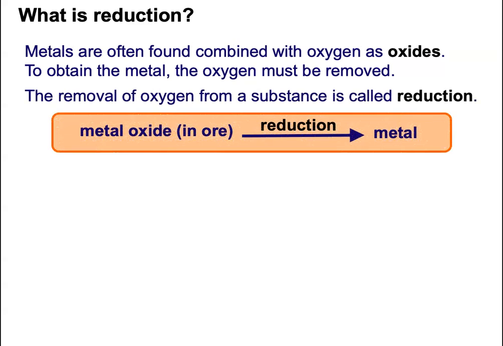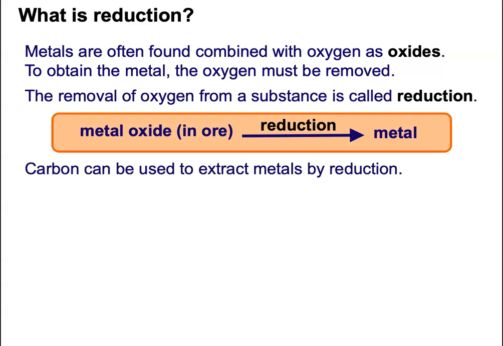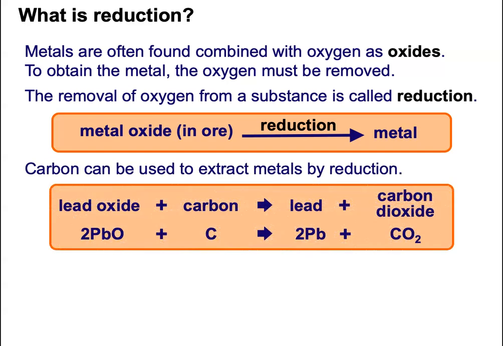Okay, now let's look at this then. A metal oxide, like iron oxide we looked at in the last lesson, if that is reduced to produce a metal, that is a reduction. Here, let's use a different example. Lead oxide, PbO, reacts with carbon to produce lead and carbon dioxide. So let me just highlight for you. Lead oxide contains oxygen.